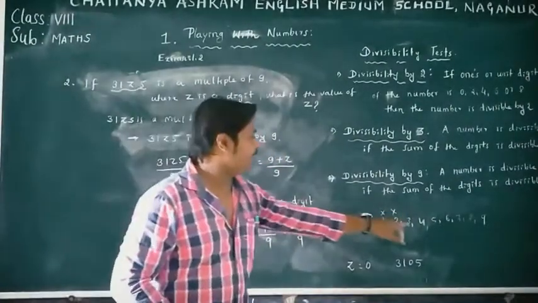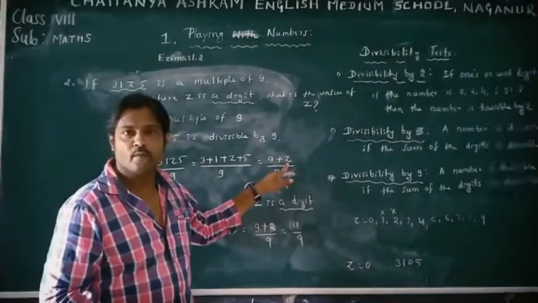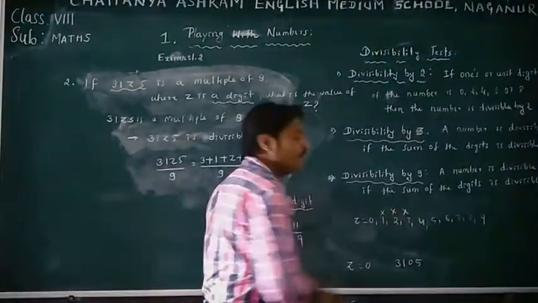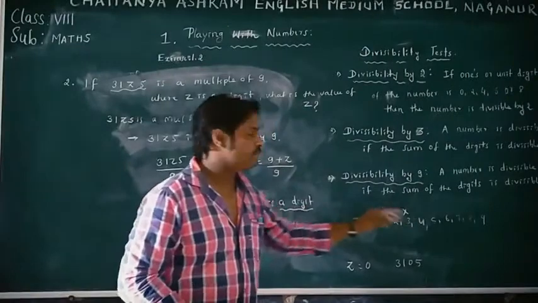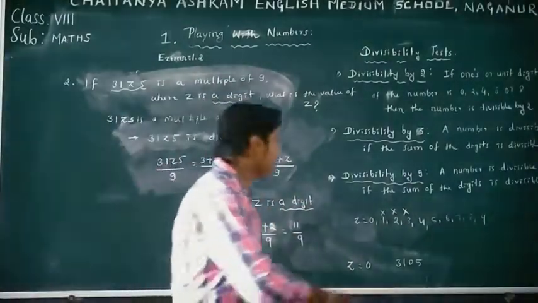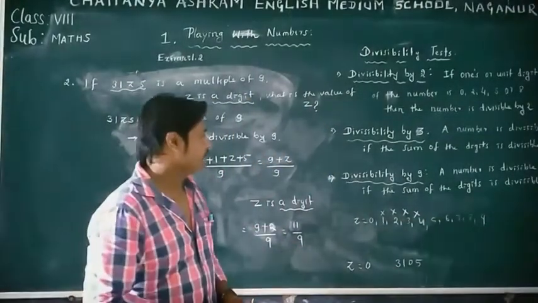Take Z equal to 3. 9 plus 3 is how much? 12. 12 is not divisible by 9. This is also not the value of Z. Take Z equal to 4. 9 plus 4, 13. 13 is also not divisible by 9. Z is also not 4.